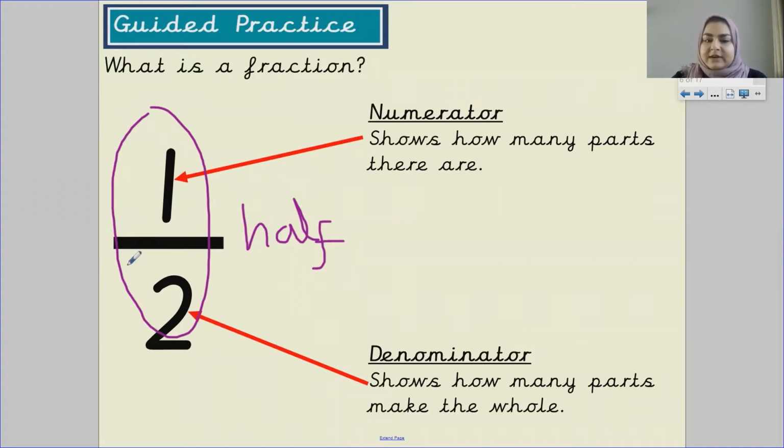Then the number at the bottom, which is the denominator, shows how many parts make the whole. So the numerator is how many parts there are, and the denominator is how many parts make the whole.